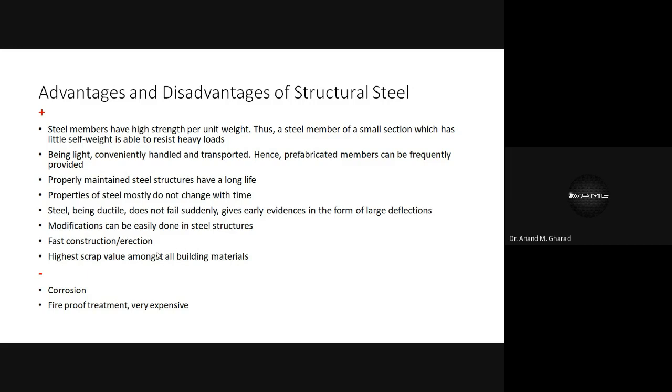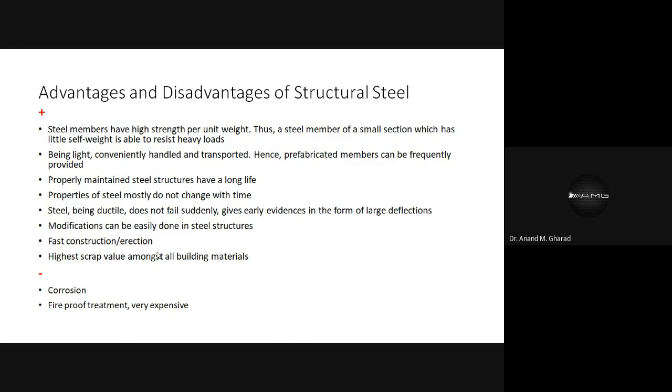Okay? Then, highest scrap value amongst all building materials. So the scrap value is quite good. Those form the advantages, and there are very few disadvantages, like they are corrosive in nature, so maintenance is required every now and then. Painting is to be done.